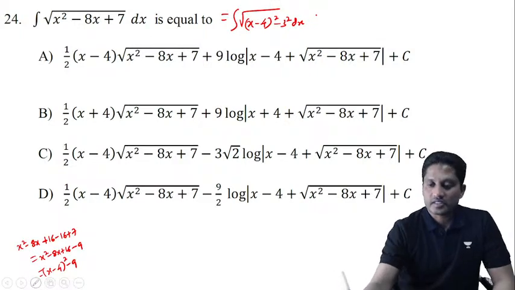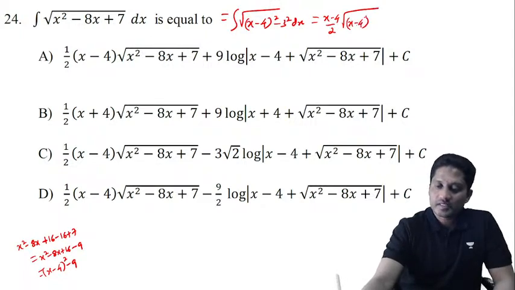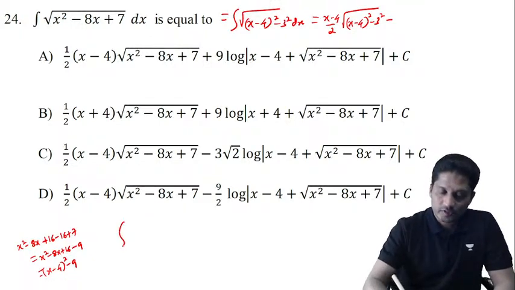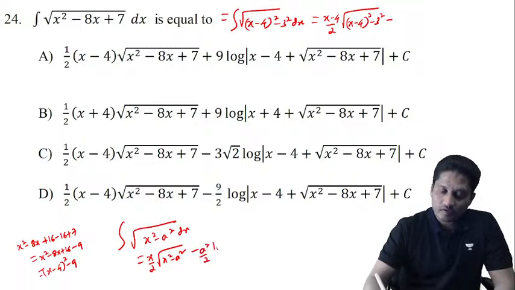Integration of root of x square minus a square can be written as x by 2 into root of x square minus a square, minus a square by 2 log of x plus root of x square minus a square, plus c.